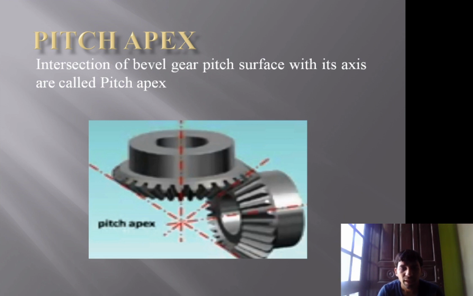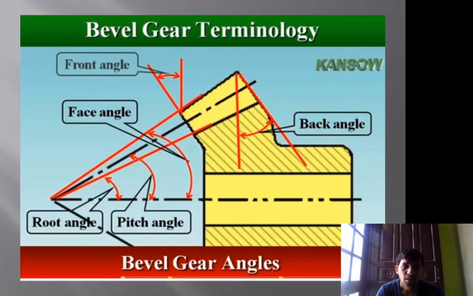The diagram shows you the pitch apex. There is a pinion and a gear. So the intersection of the gear surface as well as the pinion surface with its axis is known as the pitch apex.